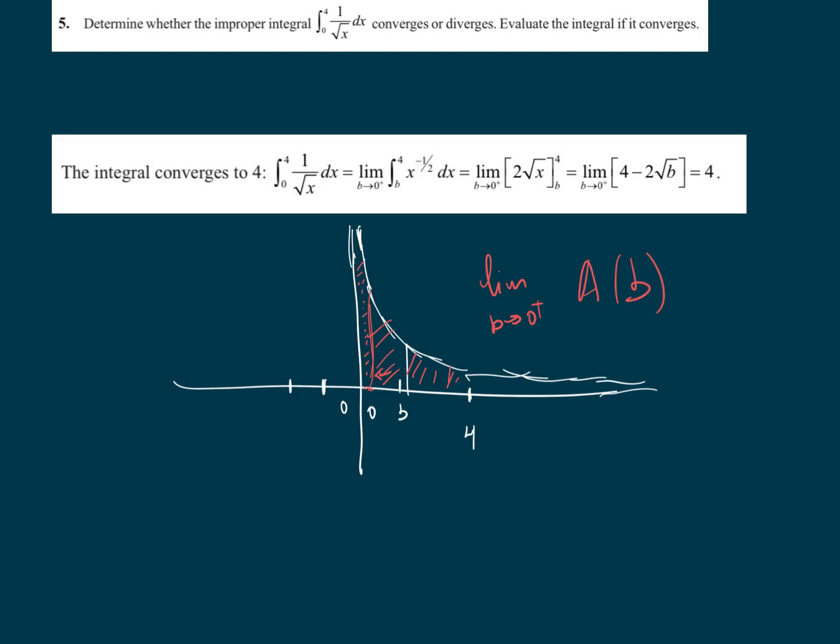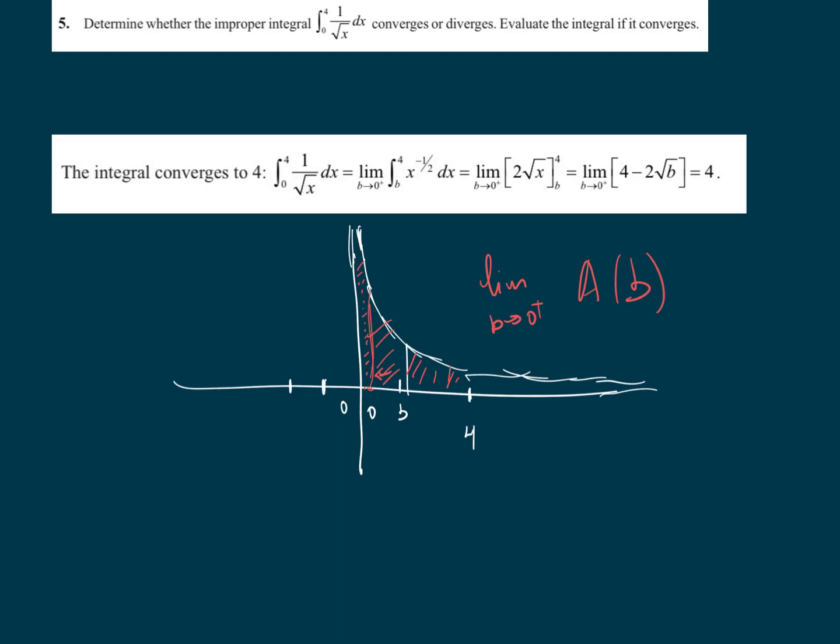It will be the integral from v to 4 of x to the minus 1 half. The integral of x to the minus 1 half is x to the minus 1 half plus 1, which is x to the 1 half, divided by minus 1 half plus 1, which is 1 half. Dividing by 1 half, the 2 will appear here.